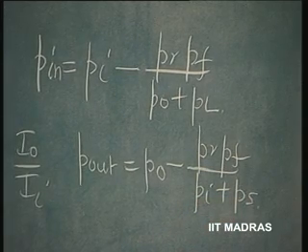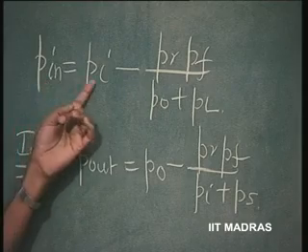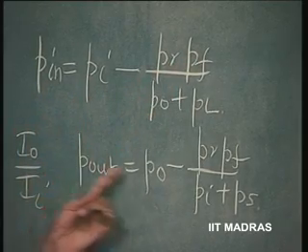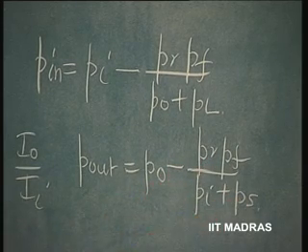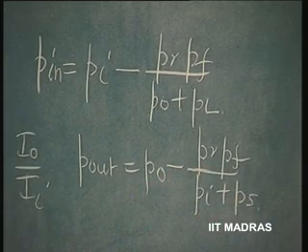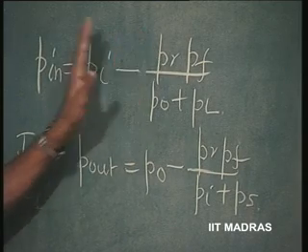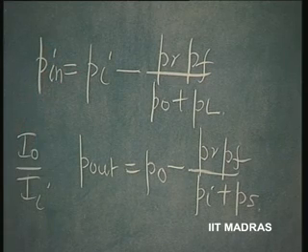What this means is, if this is Z parameter, this is Z in, Zi minus Zr Zf by Z0 plus Zl. Z out is Z0 minus Zr Zf by Zi plus Zs. So whatever be the parameter you adopt, you will see that the nature of this formula remains the same.